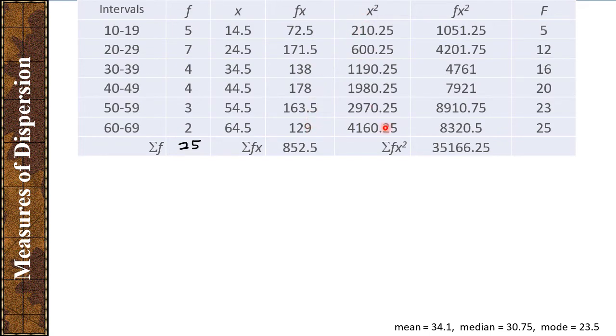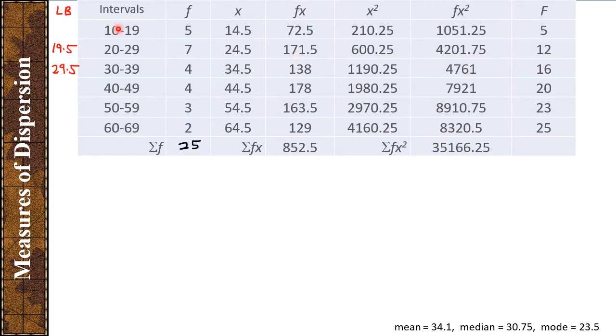But here we also find x squared and fx squared because we also need to find the standard deviation. Before that you have to find the variance, so that's why we add two more columns for x squared and fx squared. And we also add the cumulative frequency because we need to find the median. So remember what the question asks, so you know what other columns you have to add.